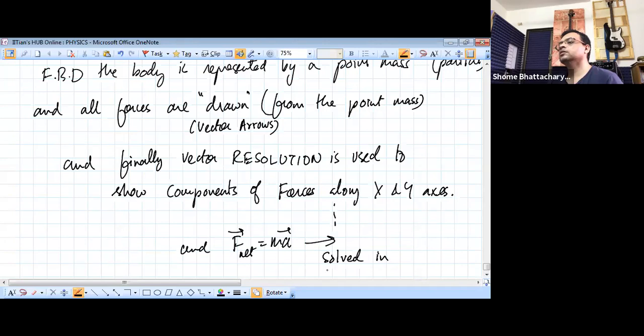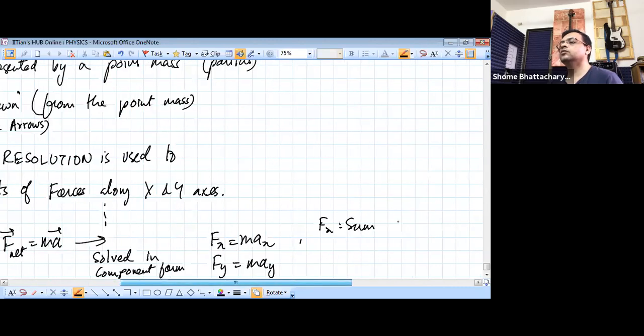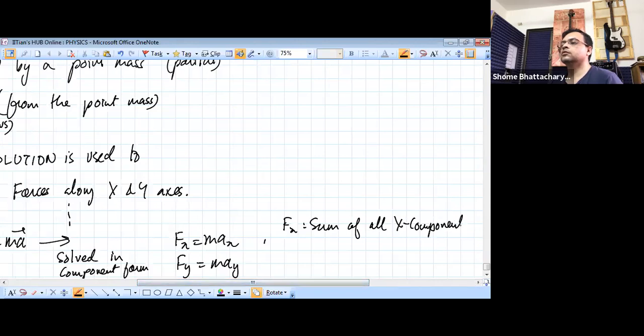This is solved in component form as Fx is equal to mass into x component of acceleration, Fy is mass into y component of acceleration, where Fx is sum of all x components of forces, and Fy is sum of all y components.